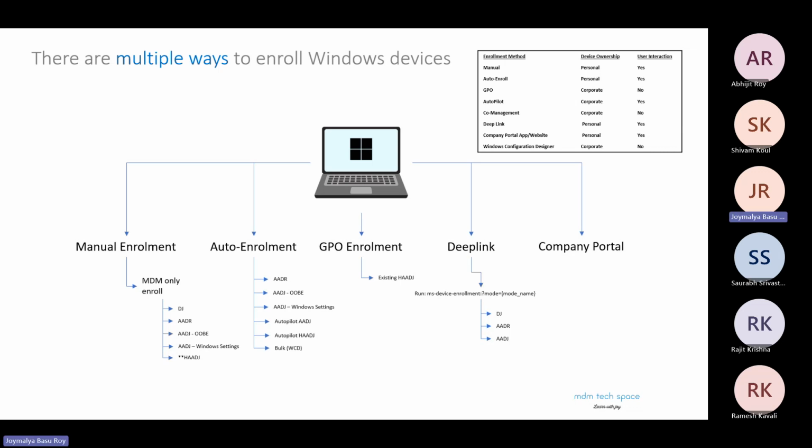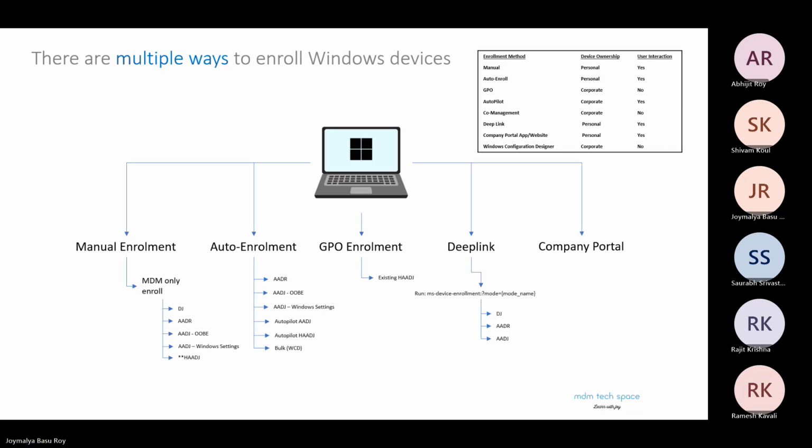Deep link, device ownership is personal. User interaction is required. Company portal application or from the company portal website, you can do enrollment as a personal, and user interaction is again required. And for the provisioning package method via Windows Configuration Designer, ownership will be corporate. User interaction is not required.